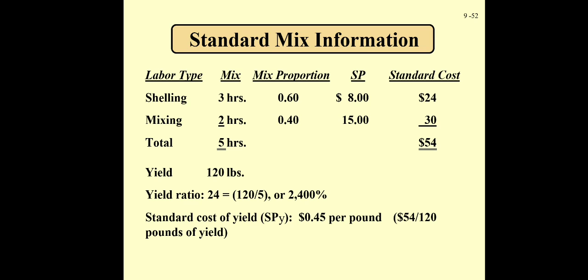Why 24? Because you use the 120 pounds divided by the 5 hours, or 2,400%. Standard cost of yield, or standard price of yield, is 45 cents per pound, which is equal to $54 divided by 120 pounds of yield.